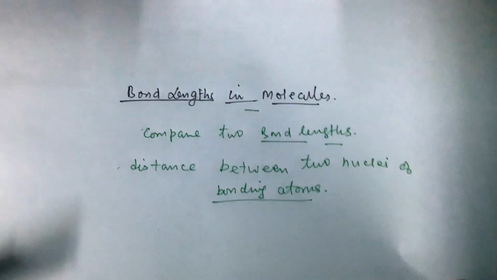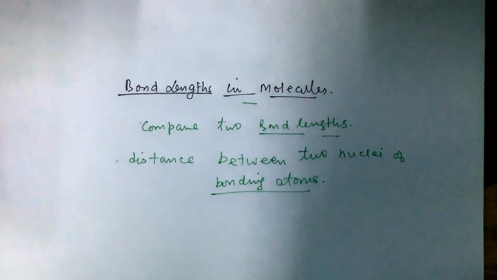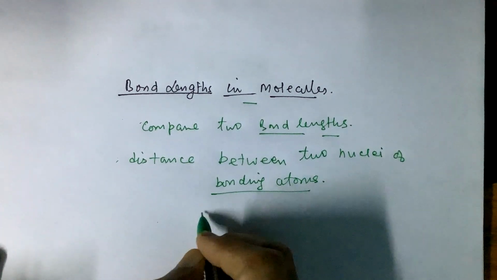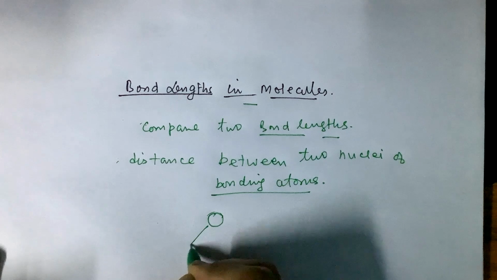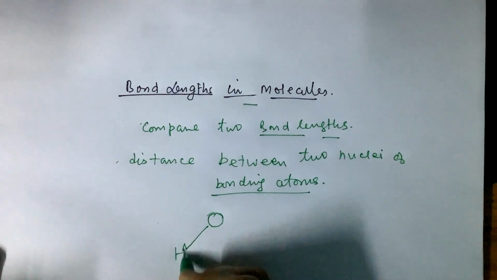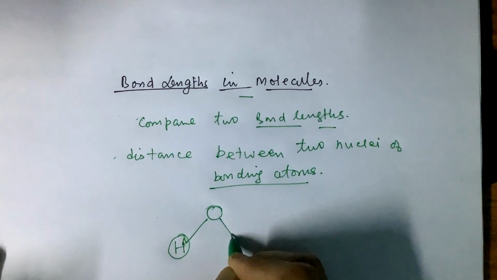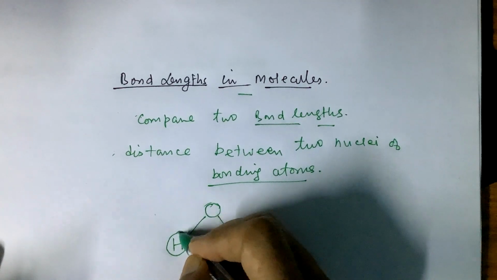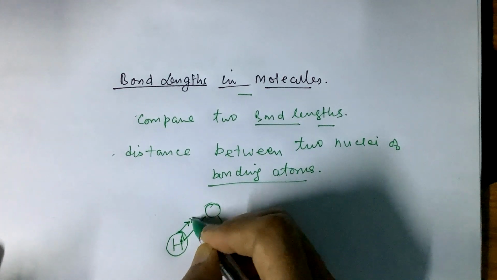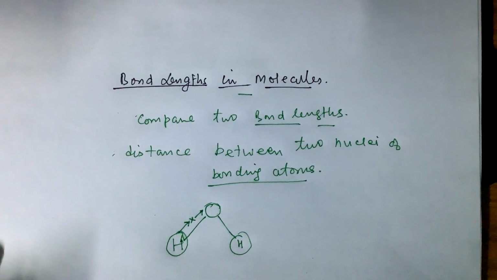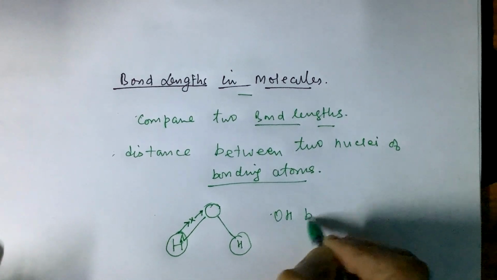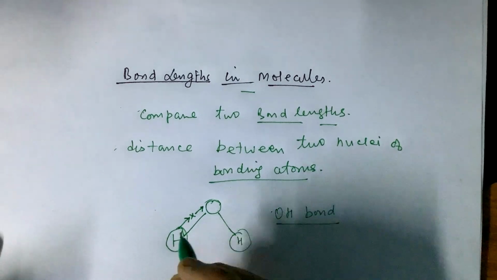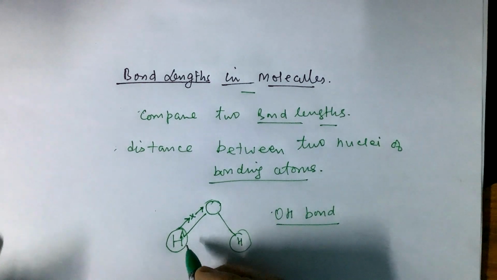For example, if we look at the example of a water molecule, this is oxygen and this is a hydrogen atom. This is H2O, and this length is the bond length of the OH bond.